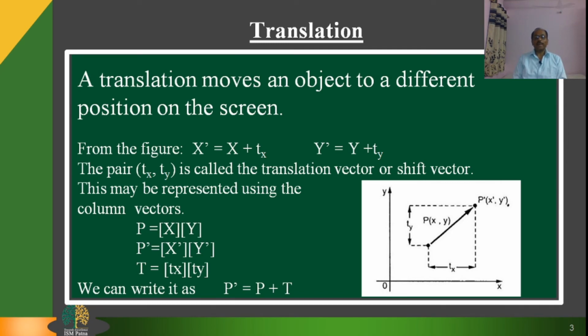So we can write the point P dash is equal to P plus T. Whatever the translation, I mean shifting, occurred, that is denoted by T. In case the point P is translated by T whose coordinates are dx1 and dy1, and then again by dx2 and dy2, the result is a net translation T with coordinates dx1 plus dx2, dy1 plus dy2.